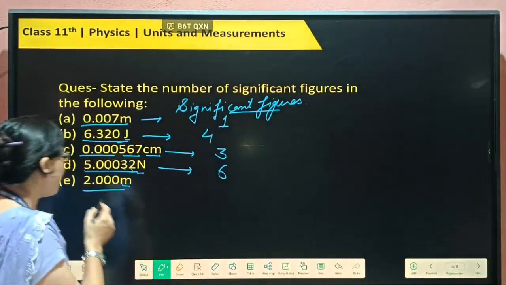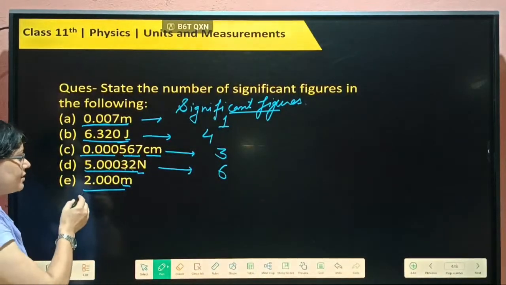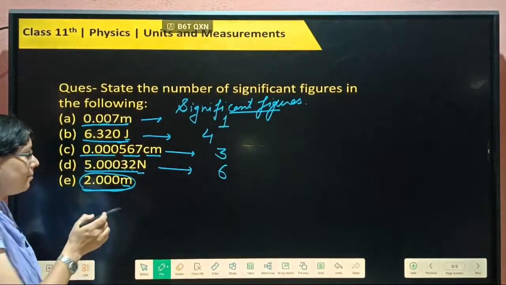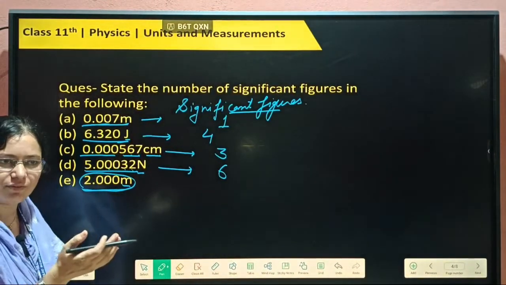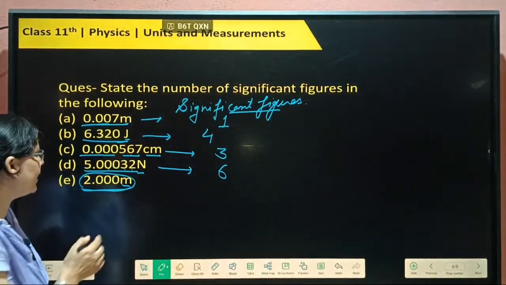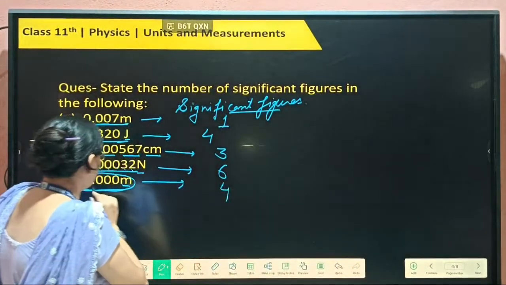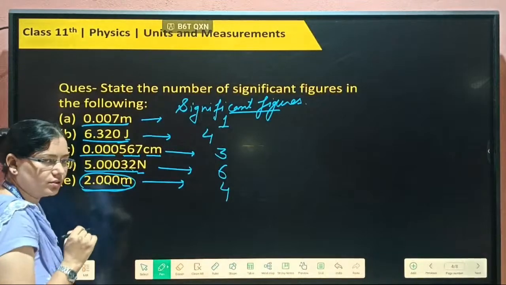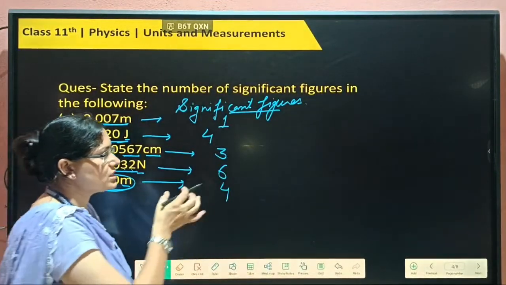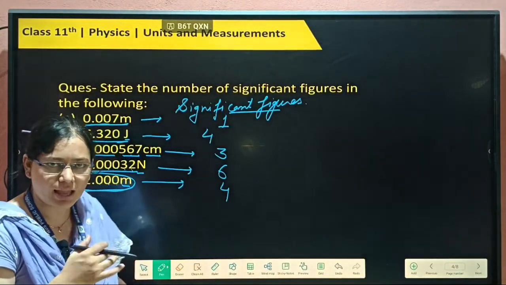Here after the decimal, 000 are there. If you are measuring this value with an instrument up to 3 decimals, we can measure the value using that instrument. That's why the significant figure of this value will be 4: 1, 2, 3, 4. Like this, beta, we can find the significant figures of any value.